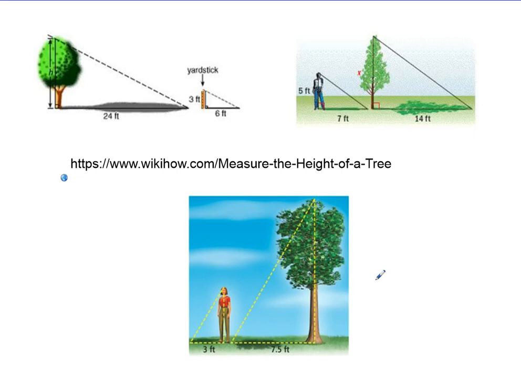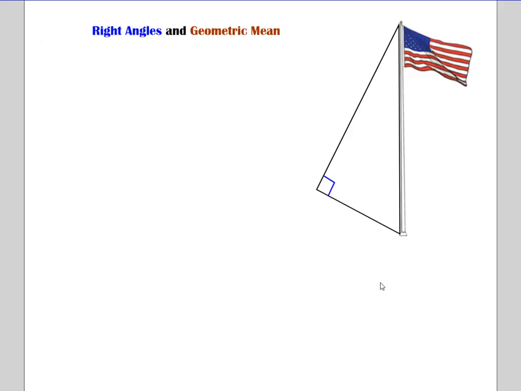If you want to fell a tree and chop it down, you need to worry about its damage radius. You need to worry about how tall it is so that you know where it could potentially fall, because you do not want to crush your neighbor's car or your neighbor's garage because you didn't know your tree was so tall, right? So this is very important.